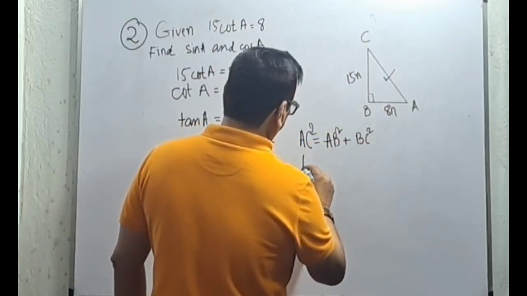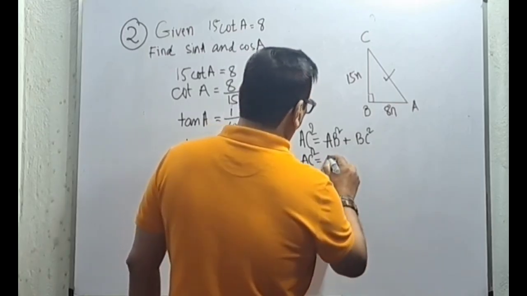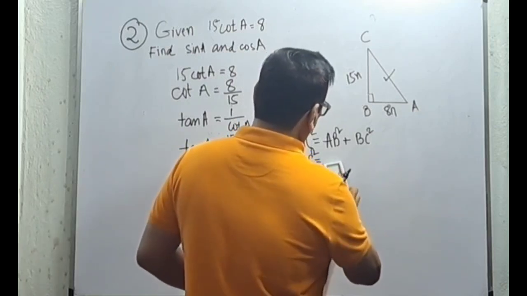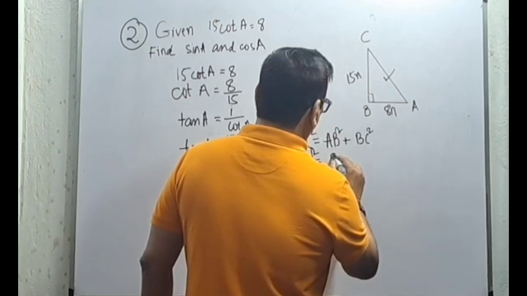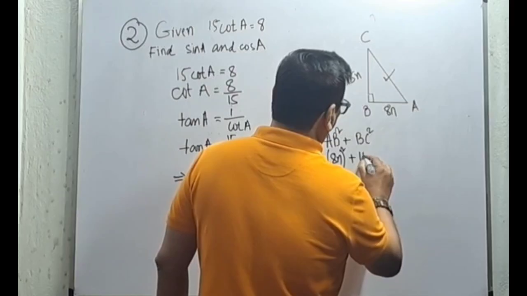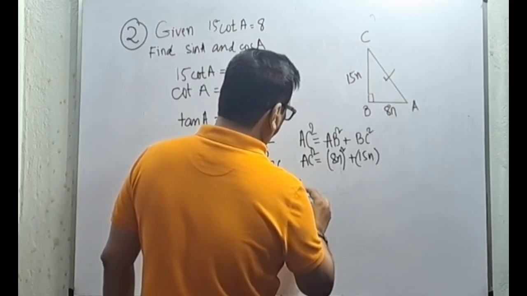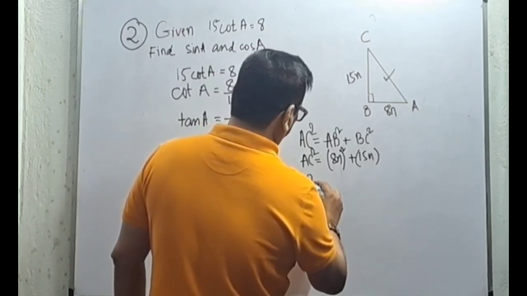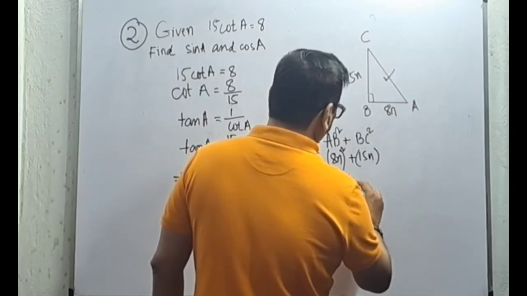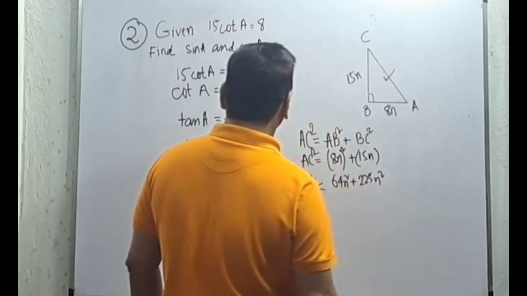So we get AC square is equal to 8n whole square plus 15n whole square, which boils down to AC square is equal to 64n square plus 225n square, right?